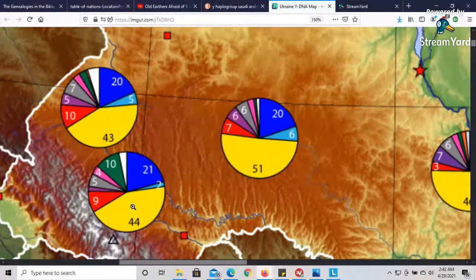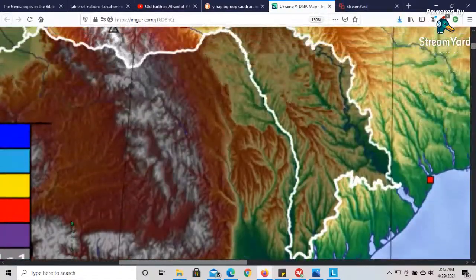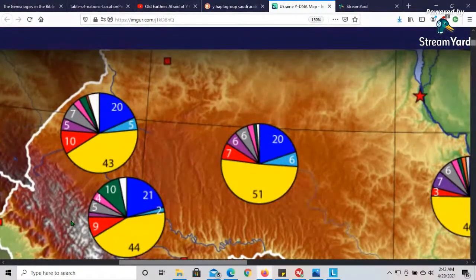We have of course the N, which is the purple. We have the E1, B1. We have the G and the J2. And the white one is what? Oh, the white one is other. So we have a clear signature of probably the Canaanites here.